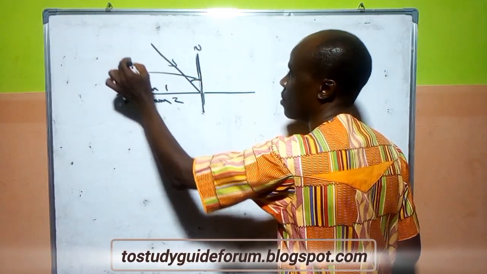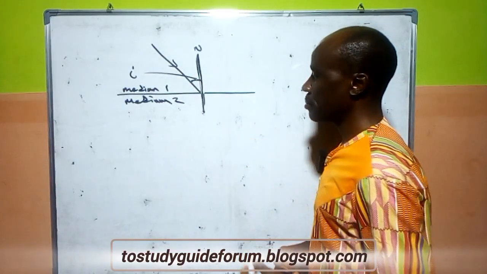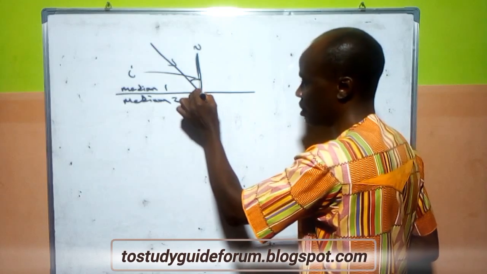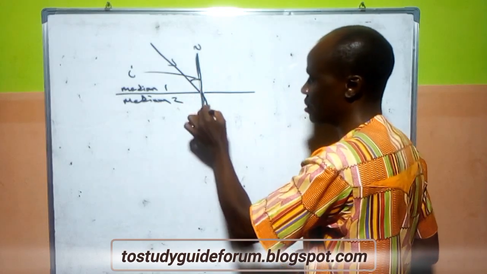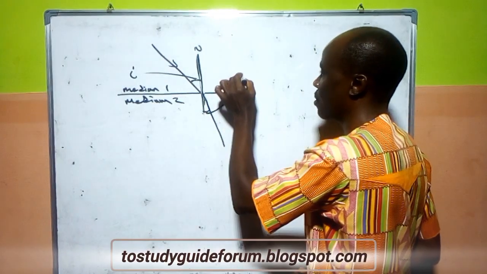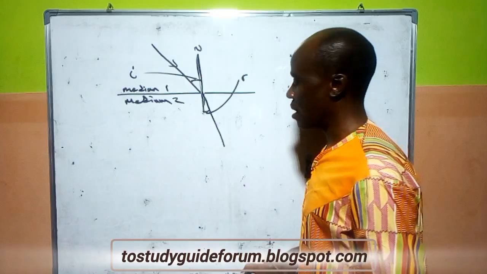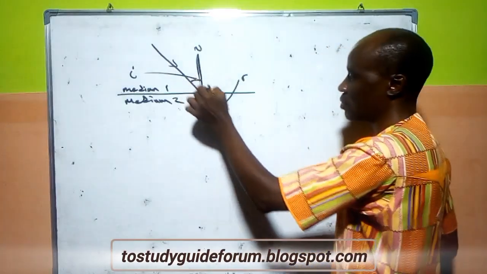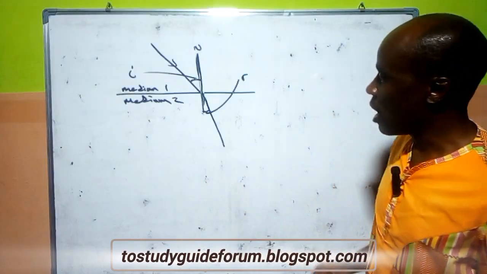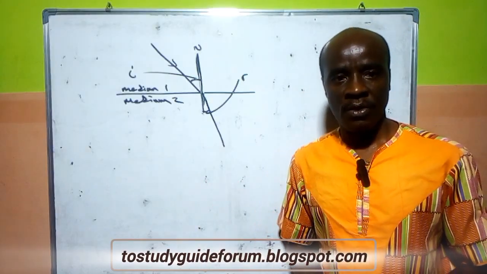We can also use I to represent it. So this is the incident ray. As it is incident at this point, there will be a change of direction. This change of direction is what we call the angle of refraction, which we normally represent with R. Now, we have two laws of refraction of light.